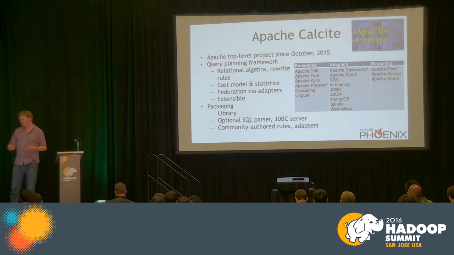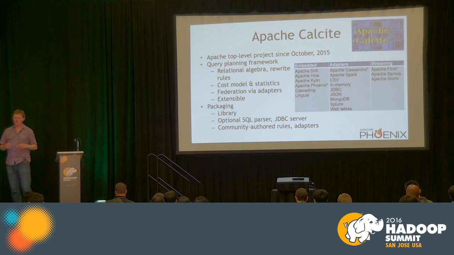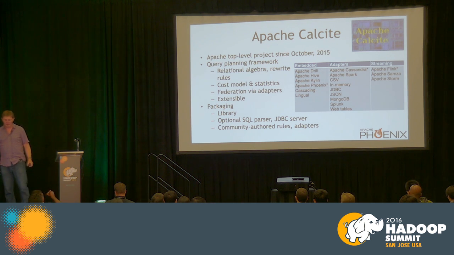The kind of contributions that have come into Calcite during this process have been, for example, and I'm going to talk about this later, improvements to Calcite support for materialized views, because Phoenix is the first project that has wanted to do optimization of secondary indexes by modeling secondary indexes as materialized views. So each project that uses Calcite makes it a little bit stronger and also shakes out a few bugs.